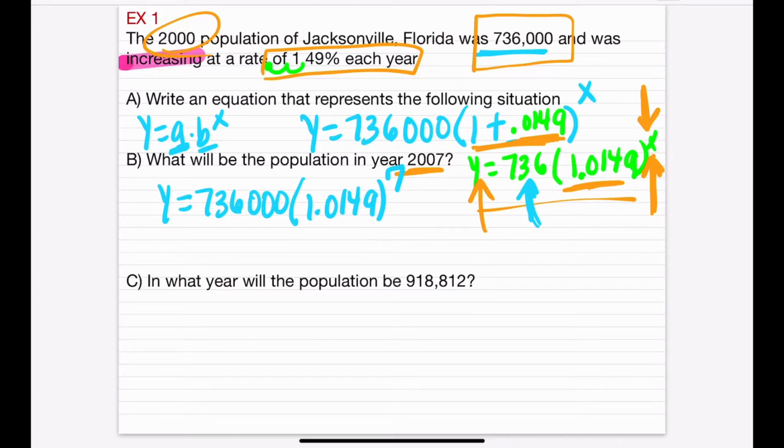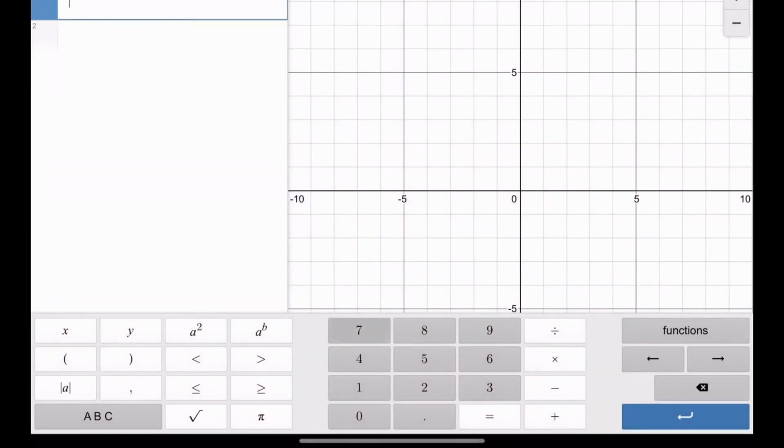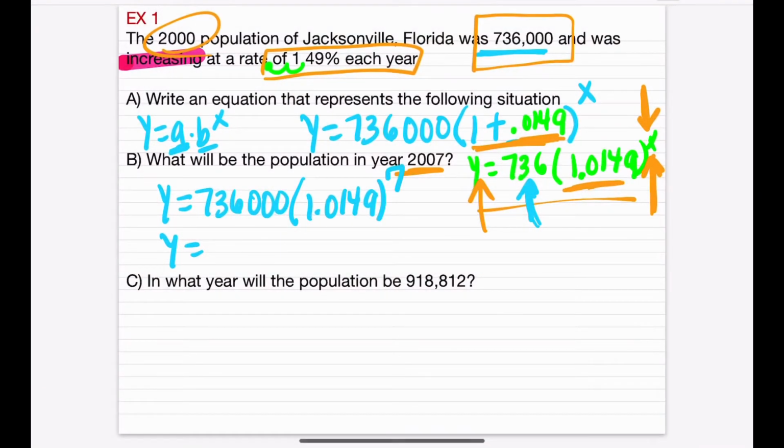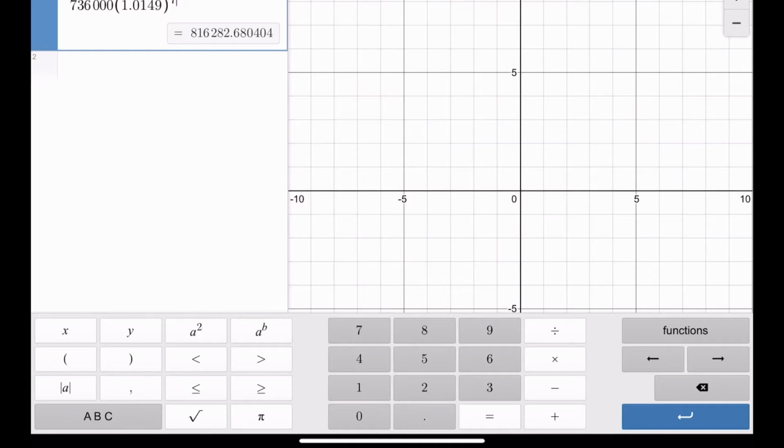Now to get the population 7 years later, you just plug this in the calculator. So 736,000, and it was 1.0149, I believe, to the power of 7. And the population is the following.